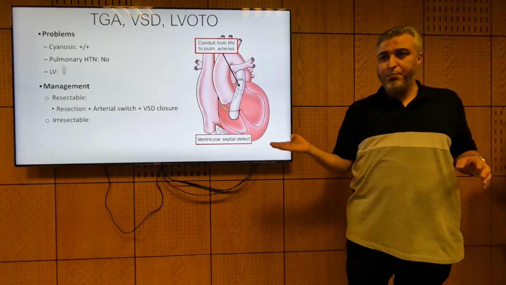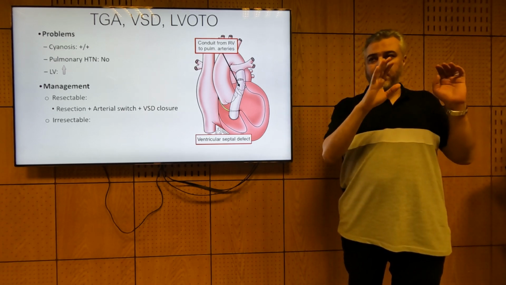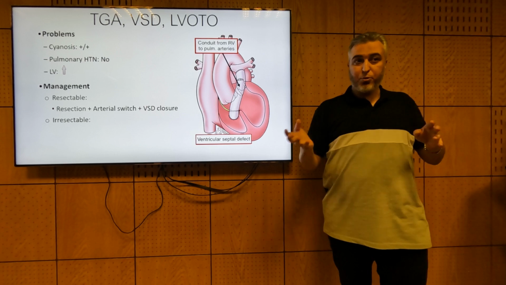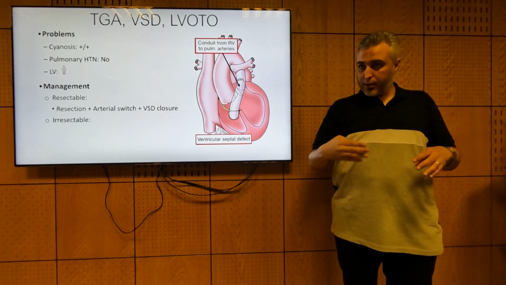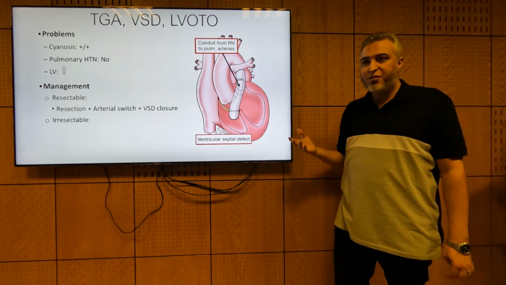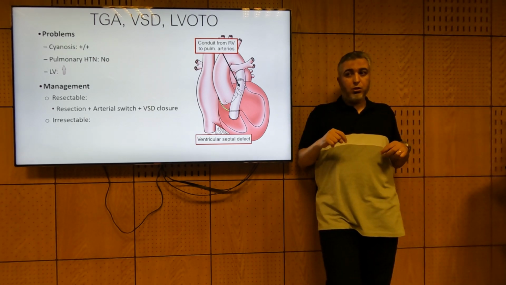So we very simply just do a BT shunt, a systemic to pulmonary artery shunt, which improves the saturation, and let the patient grow older. Then when he's like 5-7 years of age, we'll be able to put a much bigger conduit.